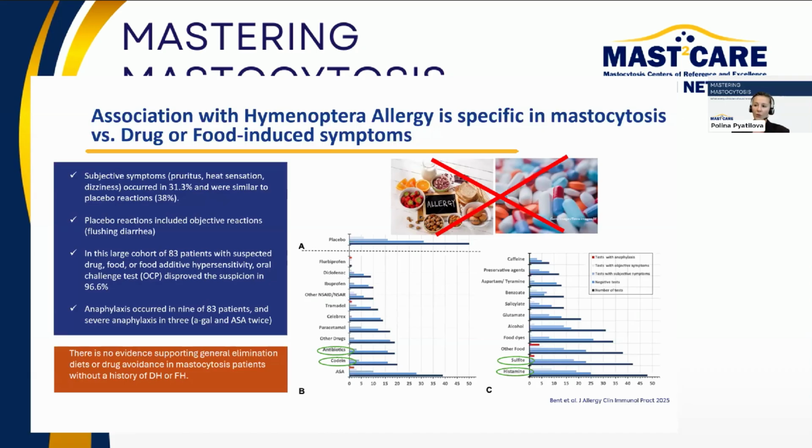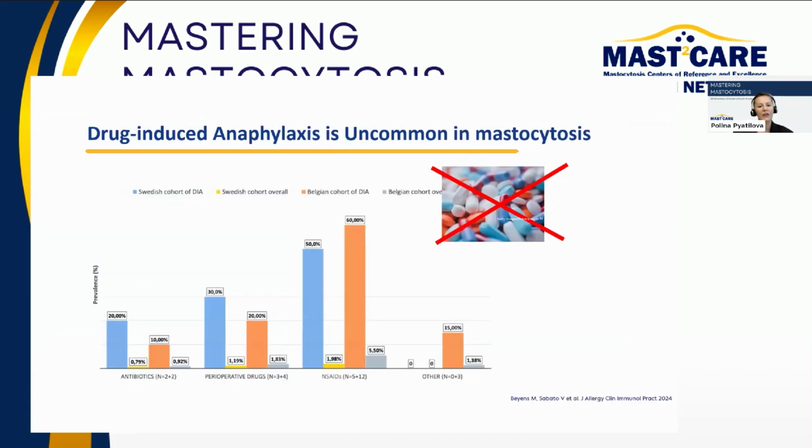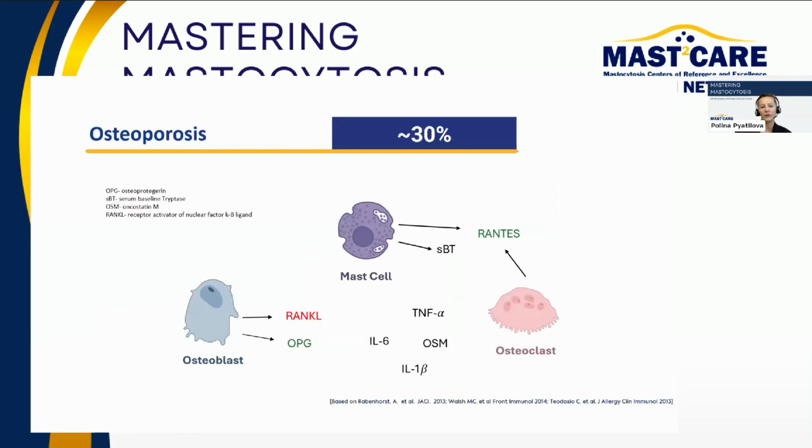We need a lot of work to talk more about this. This is again also from Vito. Studies shown also in Sweden and Belgium say the same: drug-induced anaphylaxis is uncommon in patients with mastocytosis.